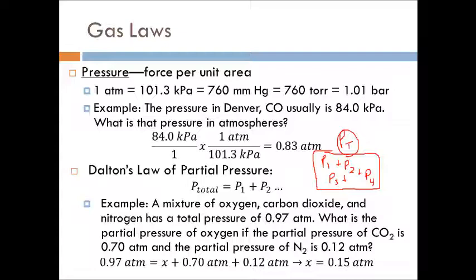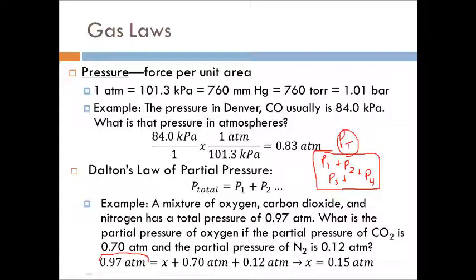So let's look at this example real quick. A gas mixture of oxygen, carbon dioxide, and nitrogen has a total pressure of 0.97 atmospheres. What is the partial pressure of oxygen if the partial pressure of CO2 is 0.7 atmospheres and the partial pressure of nitrogen is 0.12 atmospheres? All right, so we take this equation we have, and we take our total pressure right here.